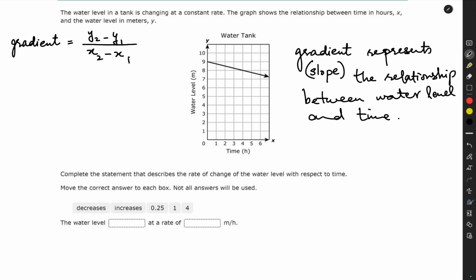Let's say we take this first point, which is 0, 9. Because this is an exact point, we should take this one. It's easier to handle, it's a whole number. And then if I take a second point like this one, this is 4, 8.